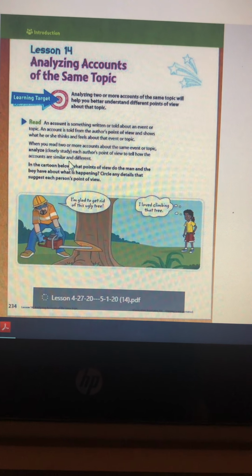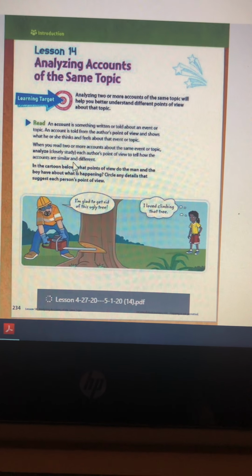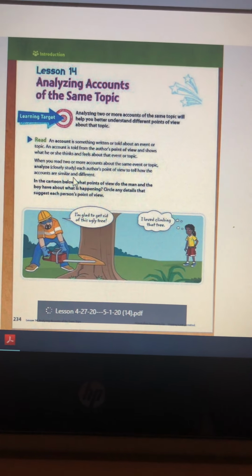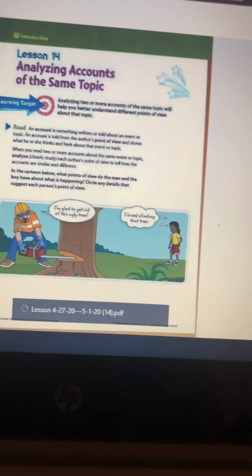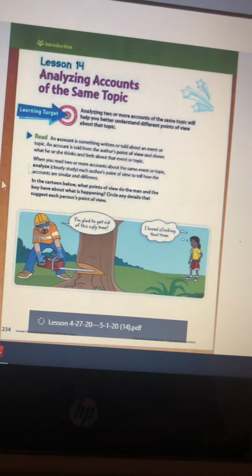Okay, analyzing accounts of the same topic. I'm going to go through this and we'll stop.